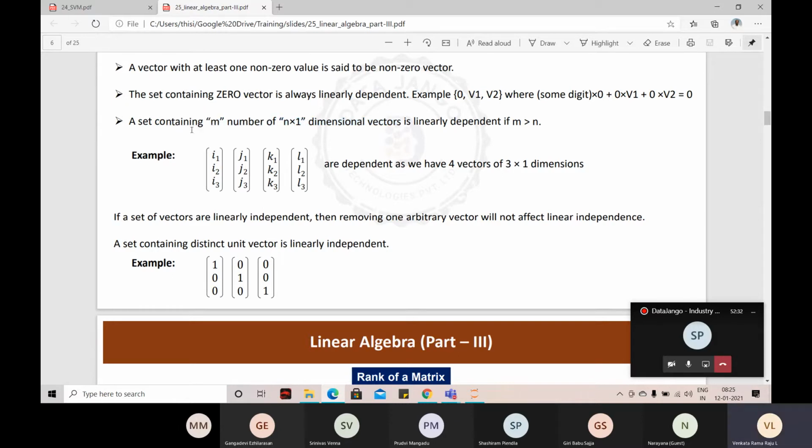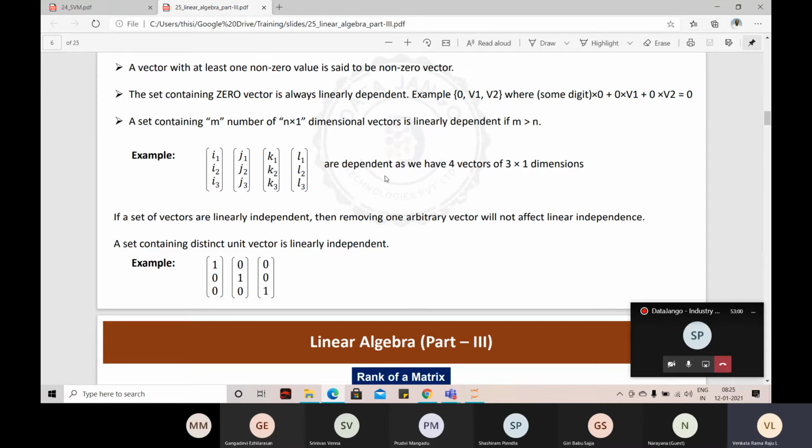Each row, I represented as a vector, having n values. So if the number of vectors is more than the values in the vectors, then it is linearly dependent.